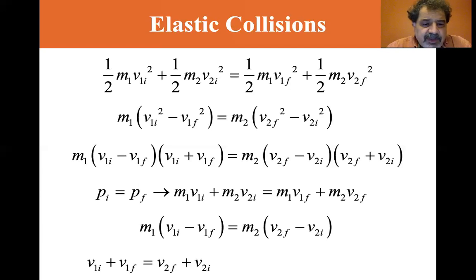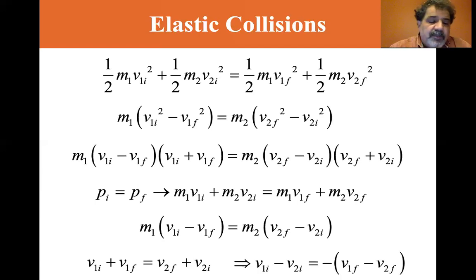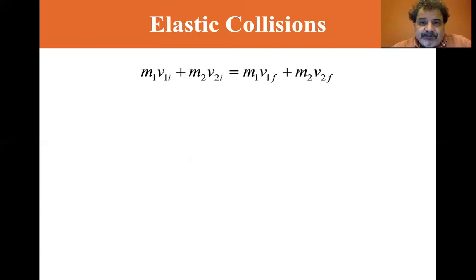So all you're left with is V1 initial plus V1 final equals V2 final plus V2 initial. If we group the initials together, we'll see that V1 initial minus V2 initial equals the negative of V1 final minus V2 final. All right.